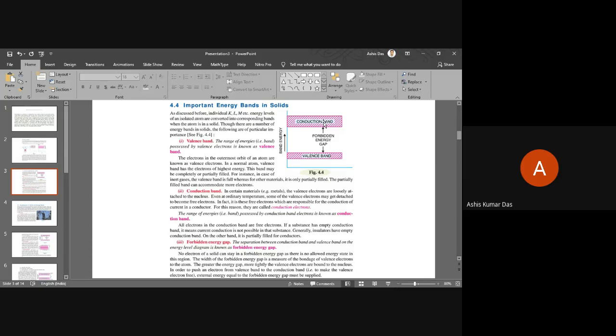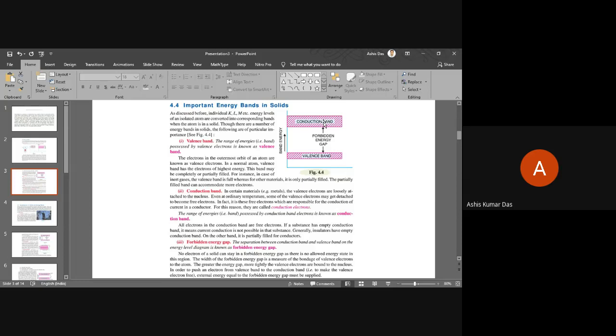So the gap between the conduction band and the valence band in a pure insulator is not less than 15 electron volts. But in a pure conductor, there is generally an overlapping of the valence band and the conduction band.